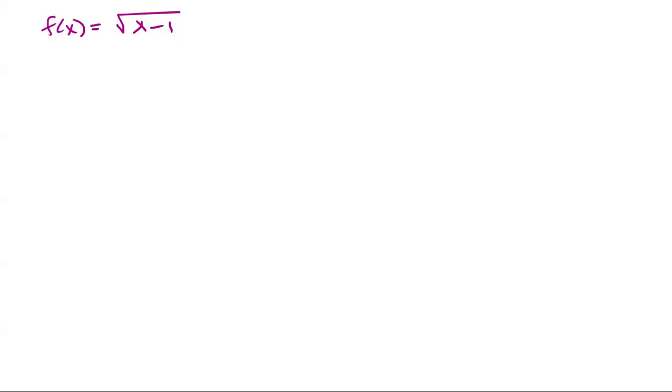Okay, so in this case, I have f of x is equal to the square root of x minus 1. So we need f of x plus h. So anytime I see an x, I'm going to replace it with x plus h. So this is going to give us the square root of x plus h minus 1.